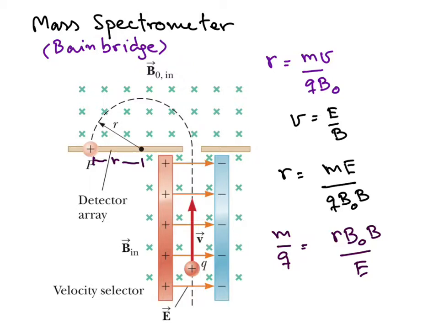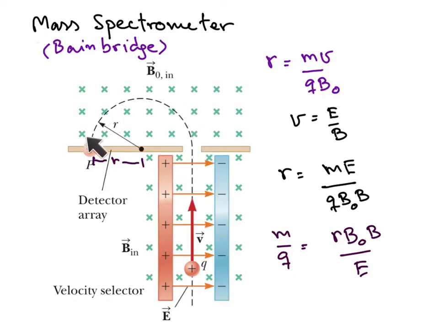If we vaporize some element and want to know how many isotopes are in that sample, we put the charged particles, usually an atomic gas because we want to measure the isotopes of the element, the gas that is already ionized, into the velocity selector.